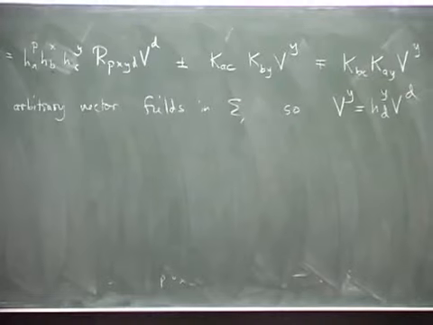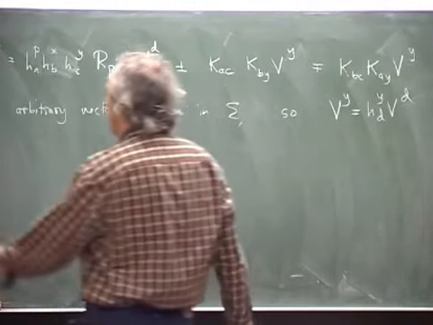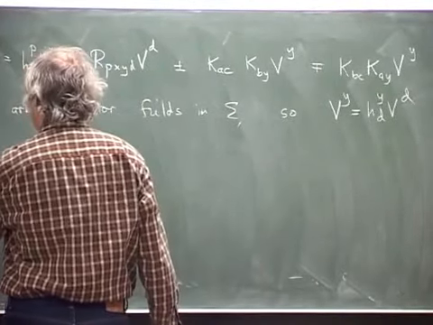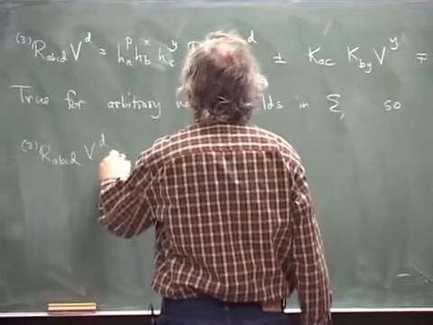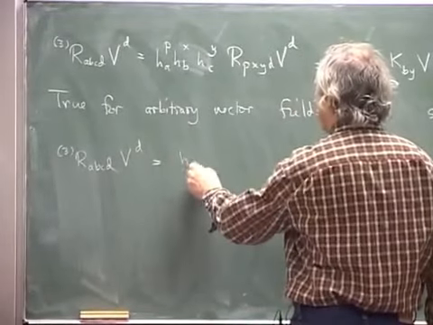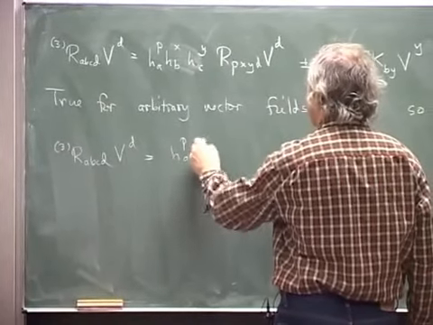And now we can reconstruct the whole lot. 3R_abcd v^d is equal to the projection of all of these things.